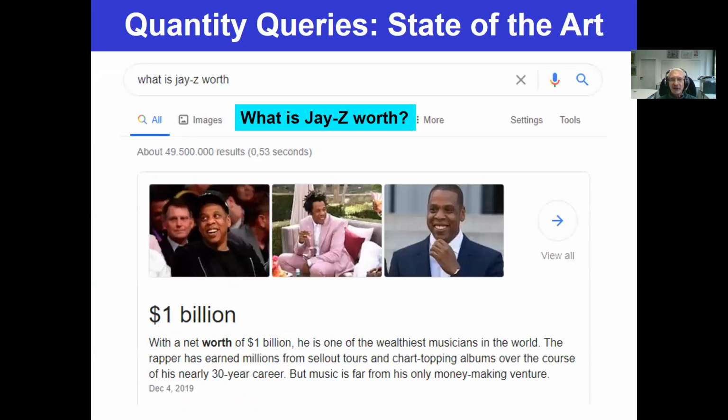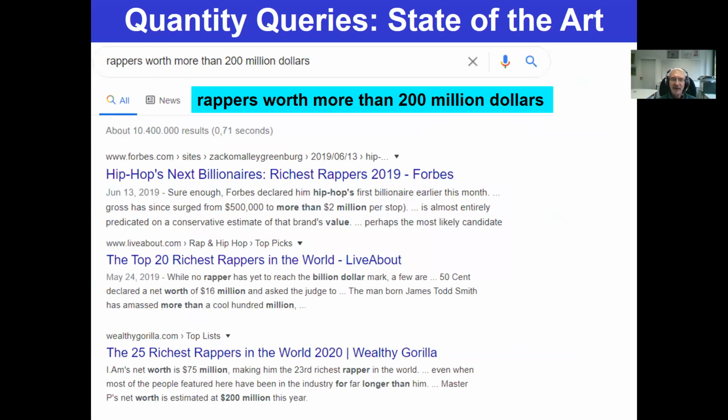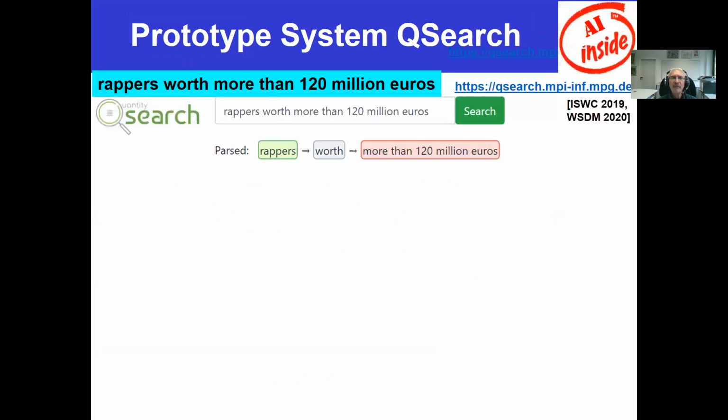So how do search engines do? What is JC worth? Works beautifully well. But then this is a quantity query in my definition. Rappers worth more than $200 million: back to 10 blue links and very mixed quality pages. This is what we did, and there's AI inside.